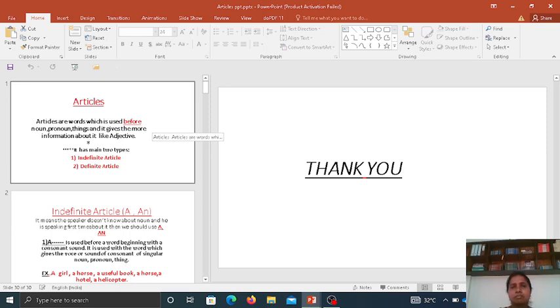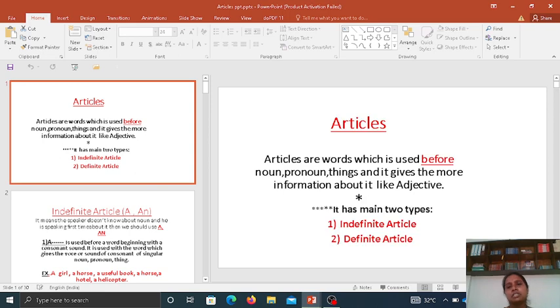So this is all the information about articles. In competitive examinations, when the question paper comes, what is your duty? You have to read the complete sentence, and after that, when you spell it, you check the sound, whether it is a consonant or a vowel sound. At that time, you should use the proper article. Thank you so much. That's all.